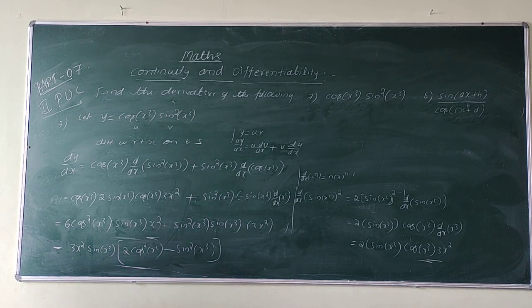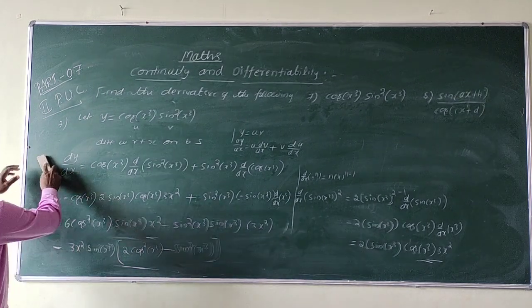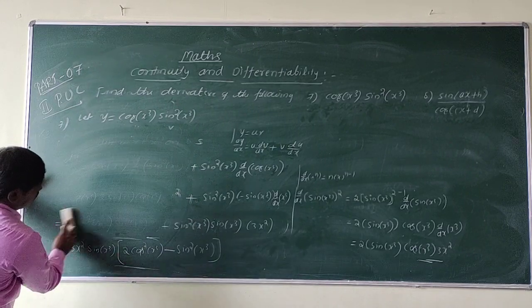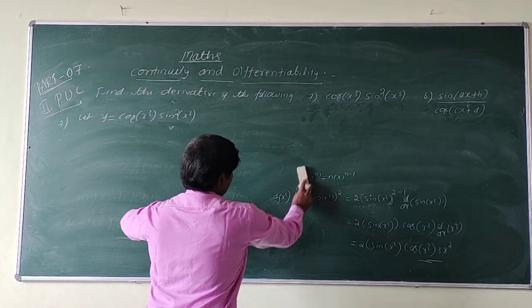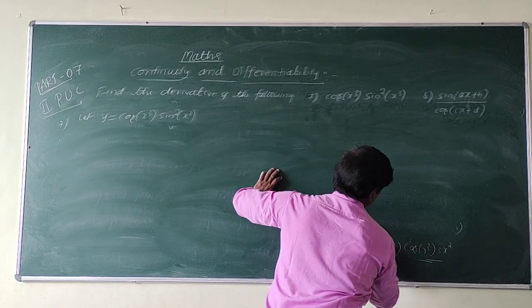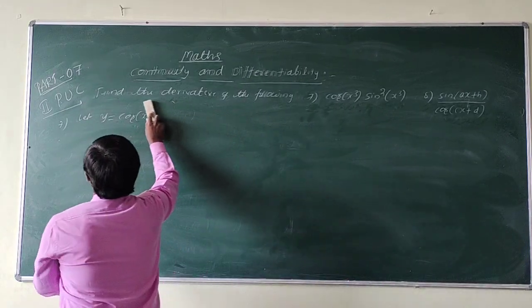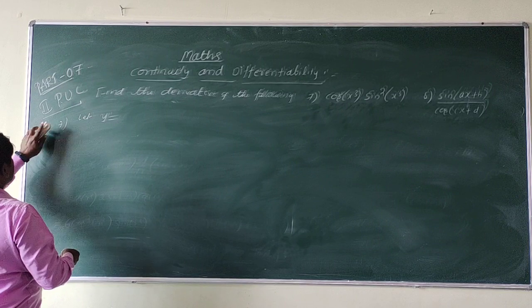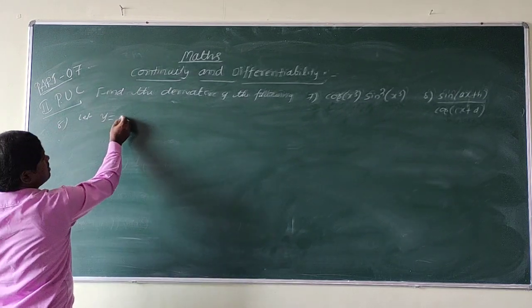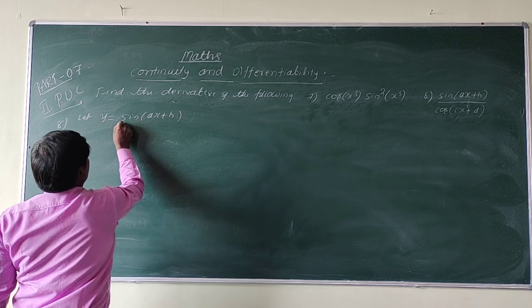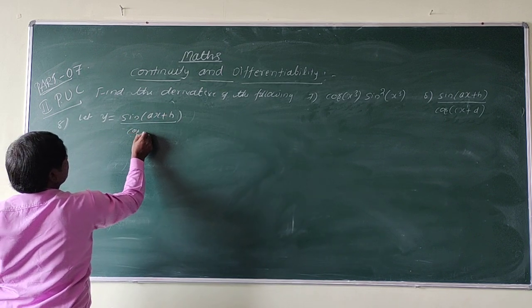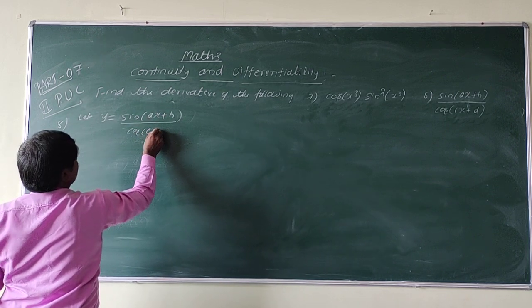So next one more problem is there. Question number 8. Let y is equal to sin of ax plus b divided by cos of cx plus b.